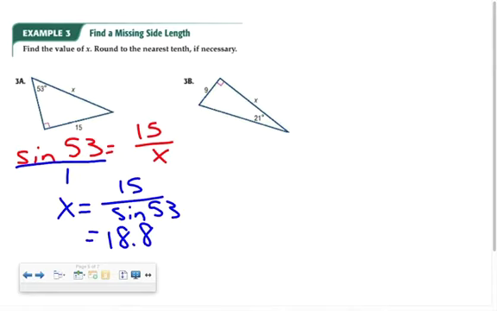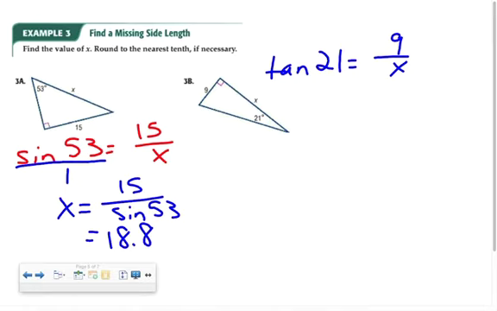In part B, I look at the 21-degree angle. I notice that the 9 is opposite it. I know that the x is the leg adjacent to it. So opposite and adjacent means I'm going to use the tangent function. So tangent of 21 equals 9 over x.